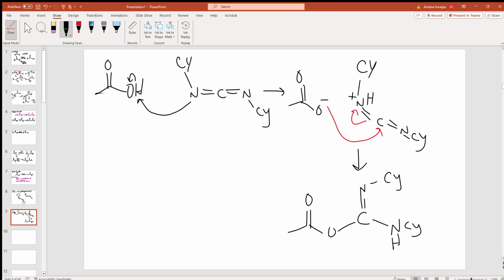So at this point, we can add an amine. In this case, I'll use aniline as our nucleophile. The lone pair on nitrogen attacks the carbon of the carbonyl, and we shift the electrons up onto oxygen.